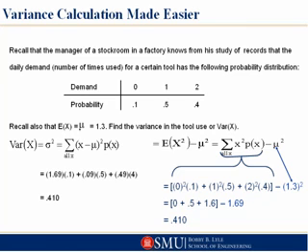In that case, the sum over x, so we take x squared, the values that the random variable could take. So 0 squared times 0.1, the probability that the random variable equals 0. 1 squared times the probability that the random variable is equal to 1, that's 0.5. 2 squared times the probability that the random variable is equal to 2.